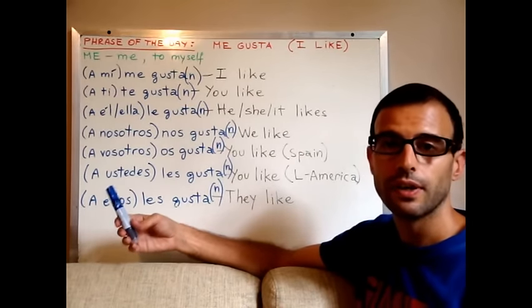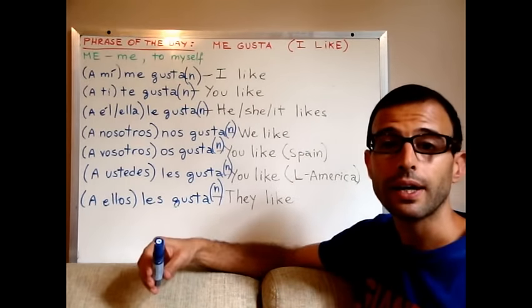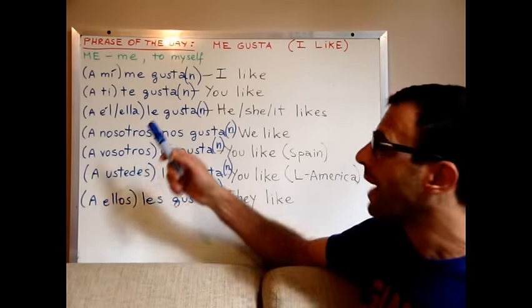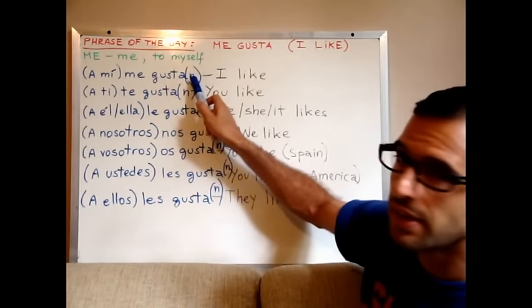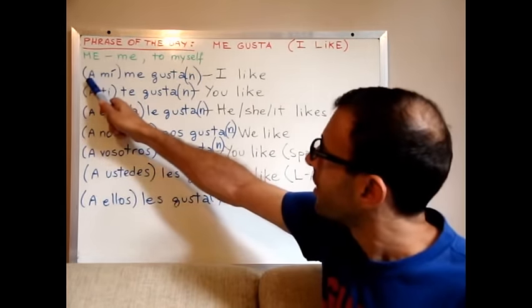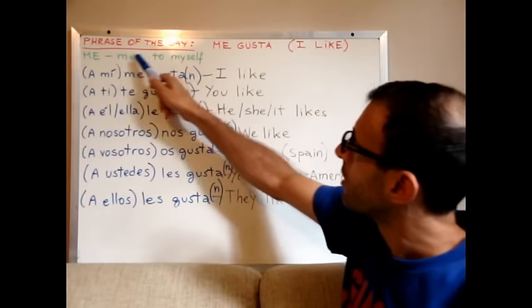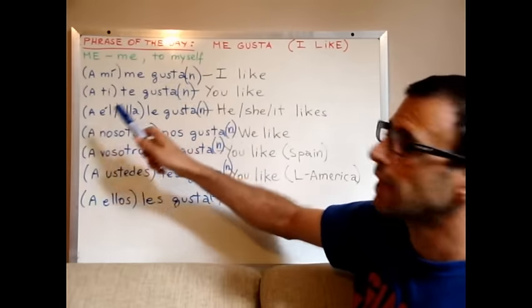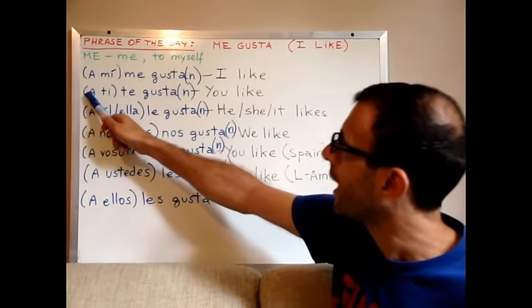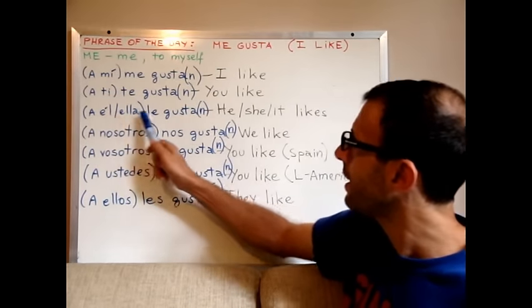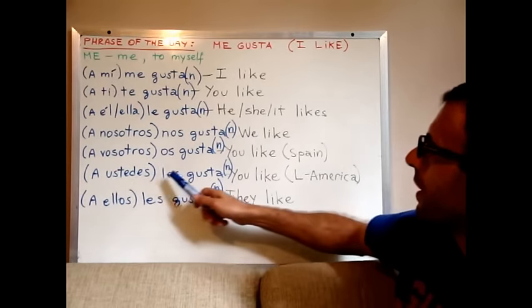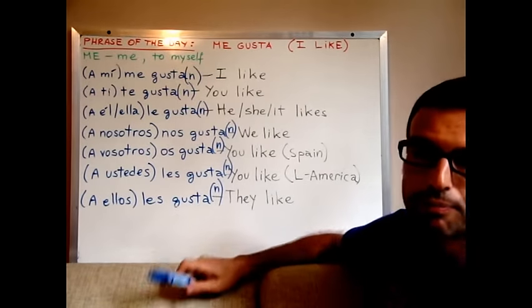Since apples is plural, then the verb like is referring to a plural object. In Spanish, it would add an N, right, at the end of the verb, okay? So, the full form of saying I like something in Spanish would be a mí me gusta, a ti te gusta, a él le gusta, a nosotros nos gusta, a vosotros os gusta, a ustedes les gusta, and a ellos les gusta.